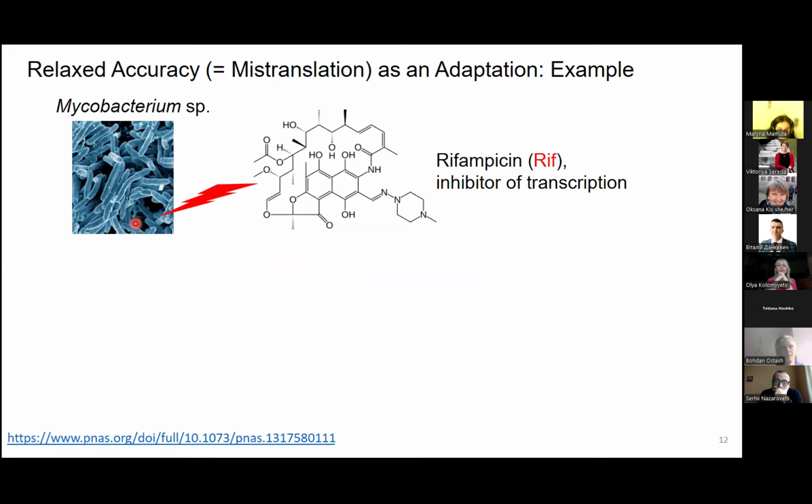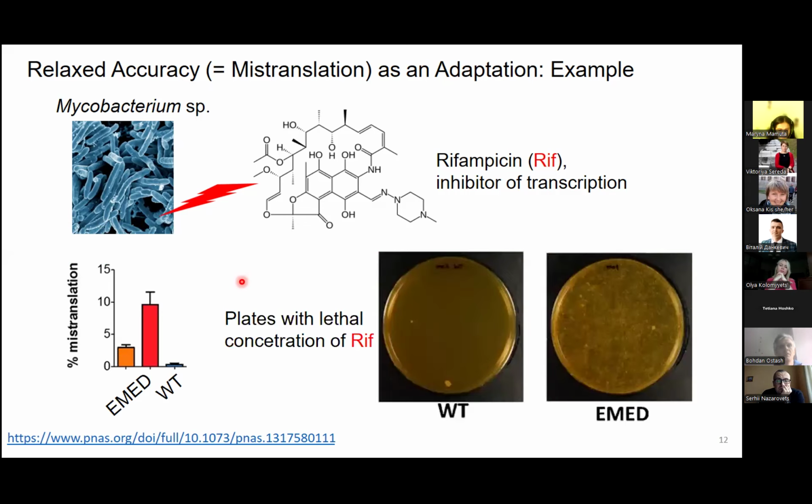Transcription is writing mRNA on DNA, so writing the small recipe for the kitchen. And curiously, you can really play with translation accuracy. You can make Mycobacteria translate with more errors than usual, and these bacteria would become more resistant to rifampicin.